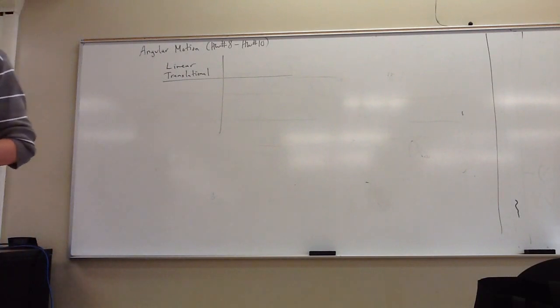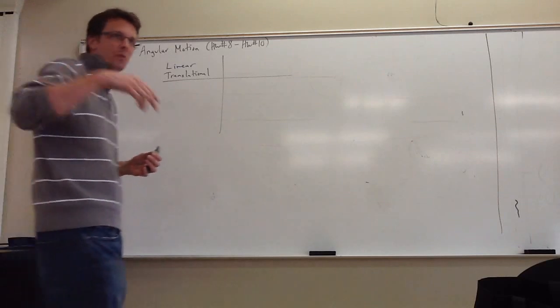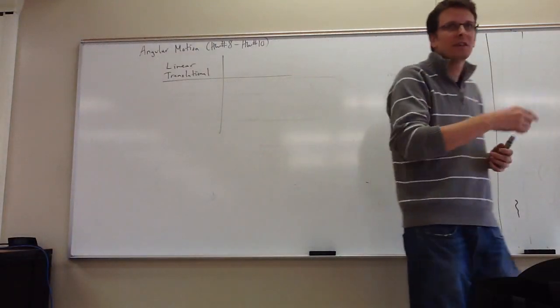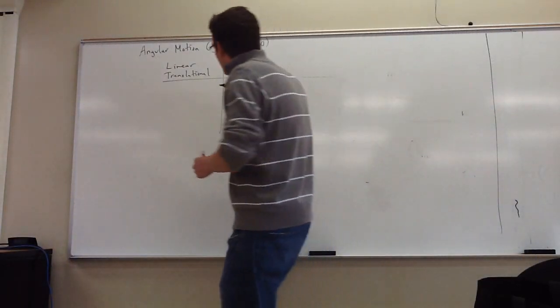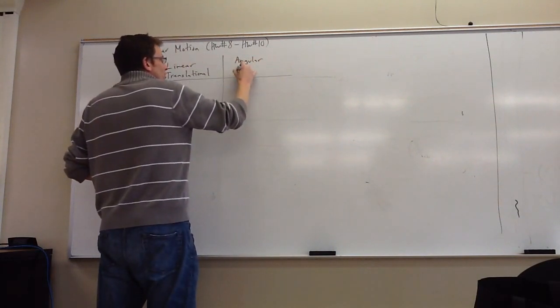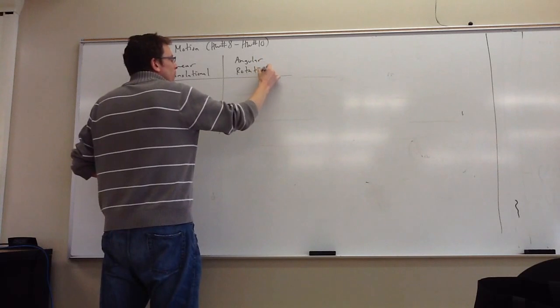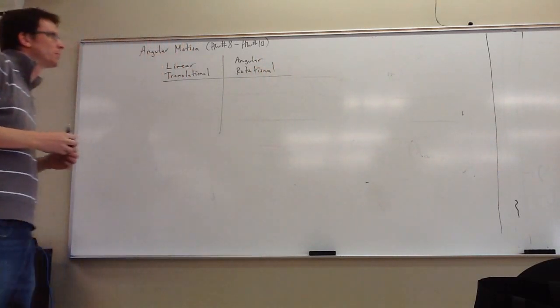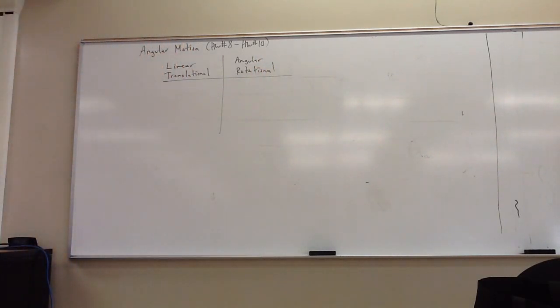But all the stuff we've been talking about so far is a point particle flying through space, translating through space, or moving linearly through space. Doesn't mean literally in a line, but it means moving in some path through space. That's in contrast to angular, also known as rotational physics. Interchangeable words, you'll hear them both.